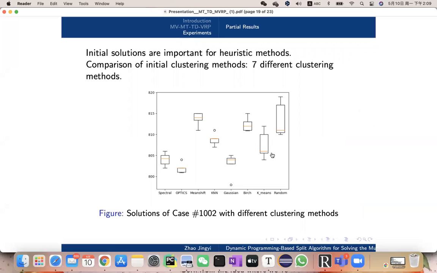We include KNN and K-means, this kind of clustering method, and we can see that OPTICS has the best performance on average. Because in real-world data, the customers must have some clustering relationship, since there are residence halls and other things, the random method always performs not as well as others.